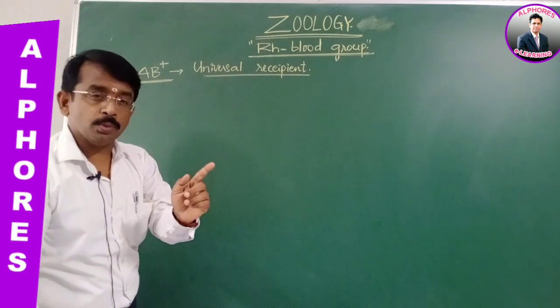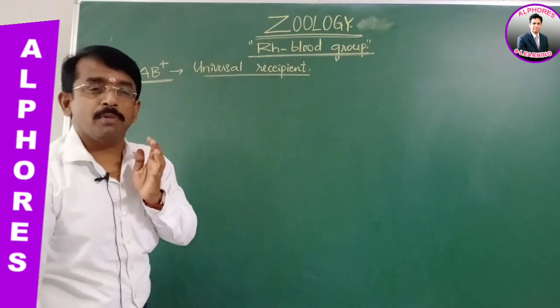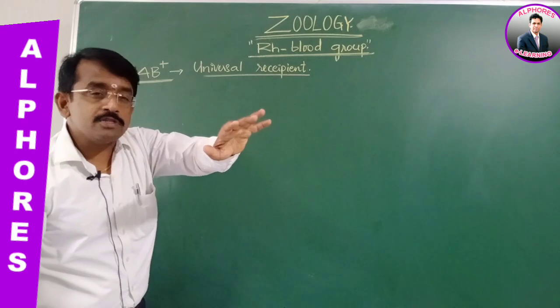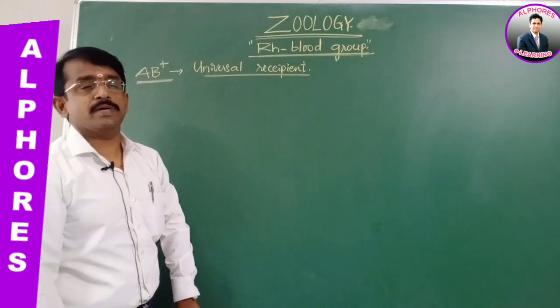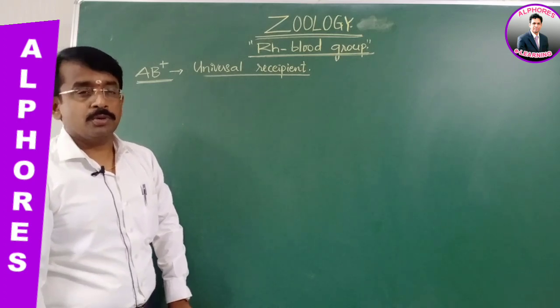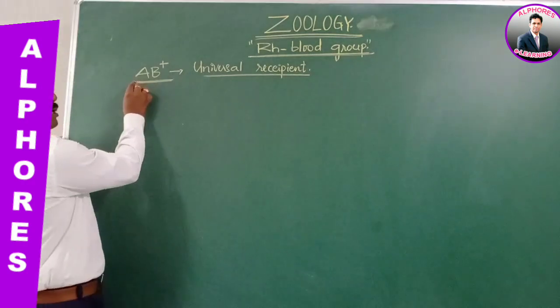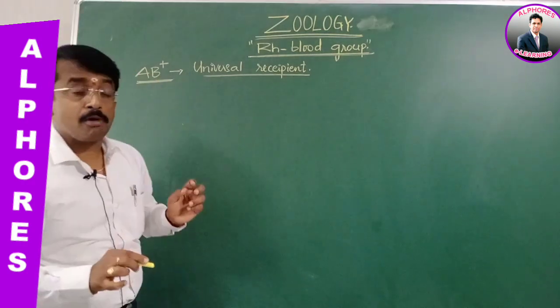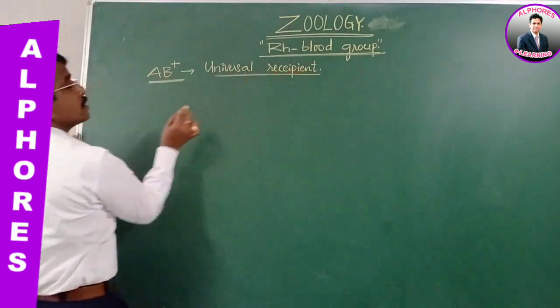I told you, when positive blood is donated to a negative individual, the Rh antibodies are produced, synthesized by sensitization of the immune system. So if the recipient is positive, then there won't be any problem. That's the reason why AB positive is the universal recipient.